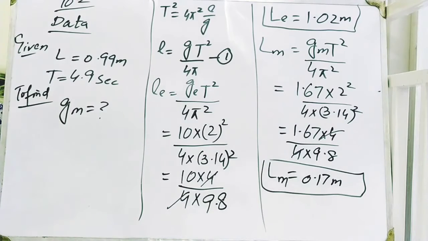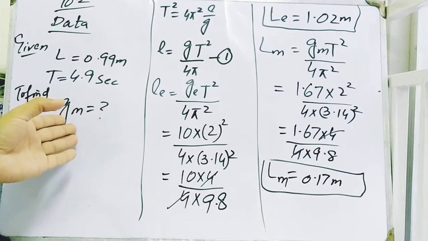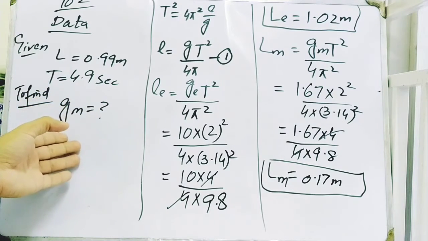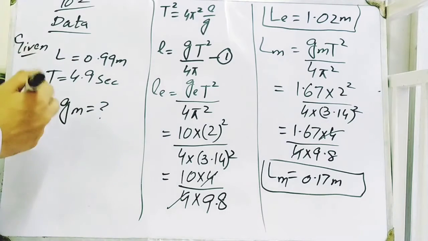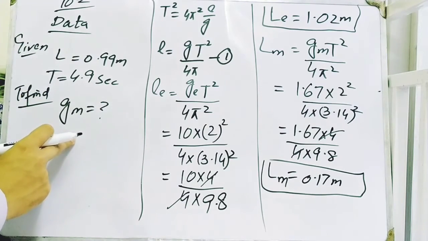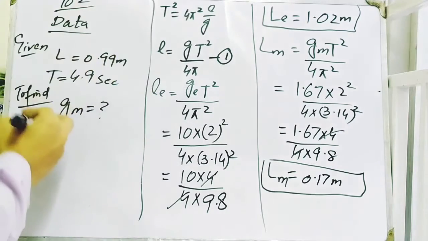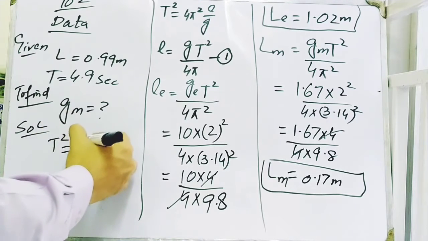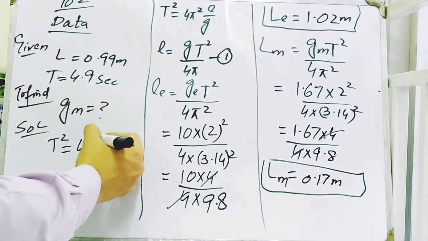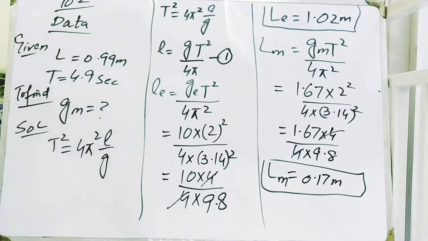If we copy the value of G from the previous one, then we just have to write the value of GM is equal to 1.67 meter per second square, but we are going to solve it. So the formula, as we discussed before, T square is equal to 4 pi square L over G. In the solution, firstly we will write the formula, because we have to find the value of G, so we will put it on the other side.